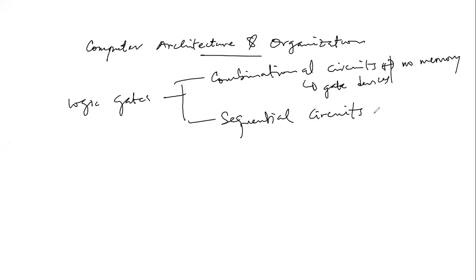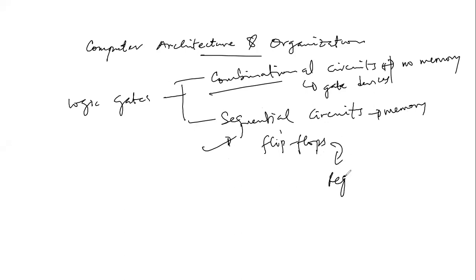Now, for your sequential circuits, we have memory. But the point is we use our combinational circuits to arrive at the gate devices. And here we have flip-flops, right? And with the flip-flops, we could design your registers, okay? So it means that the register, although it is a sequential circuit, it is designed using combinational circuits, right?